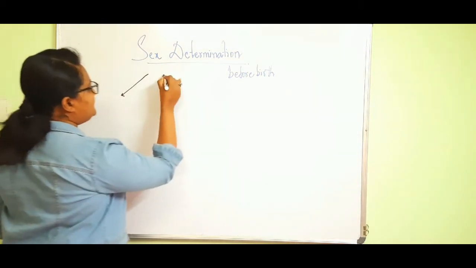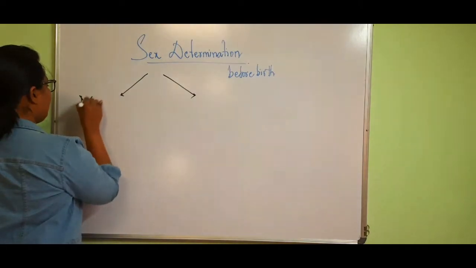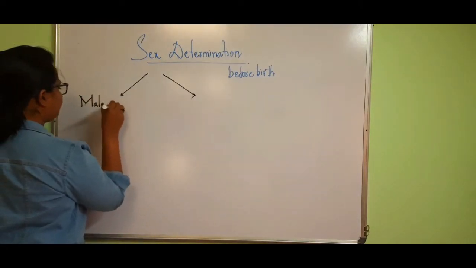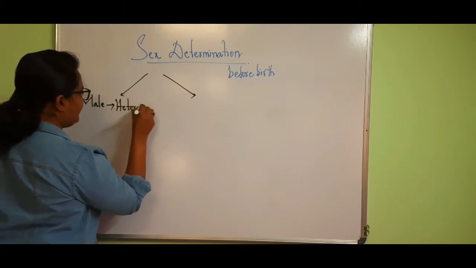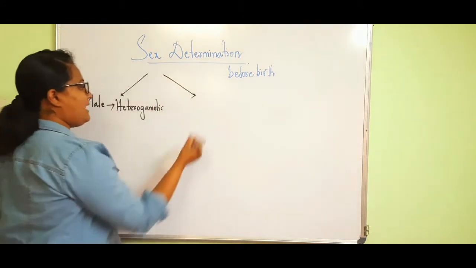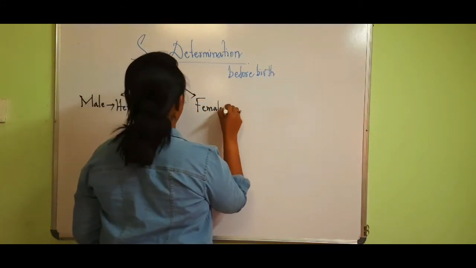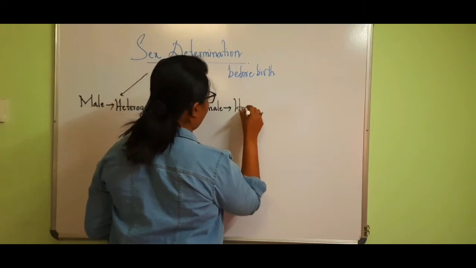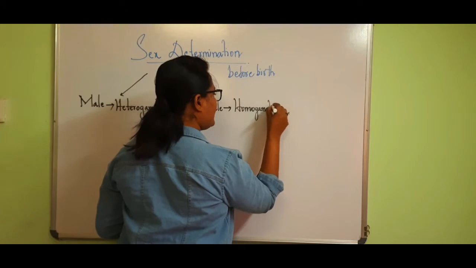in human beings, the males are always called heterogametic, and females are called homogametic.